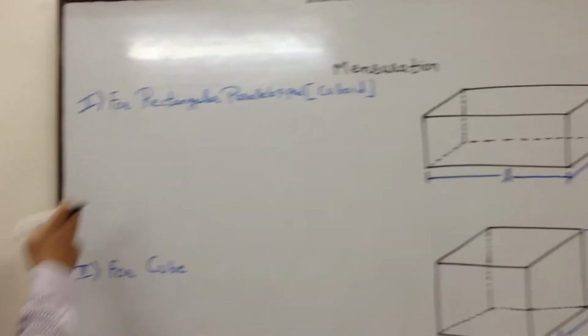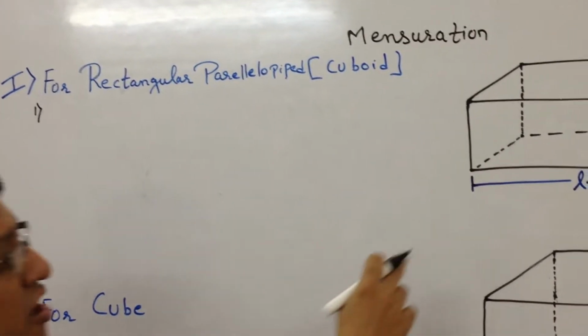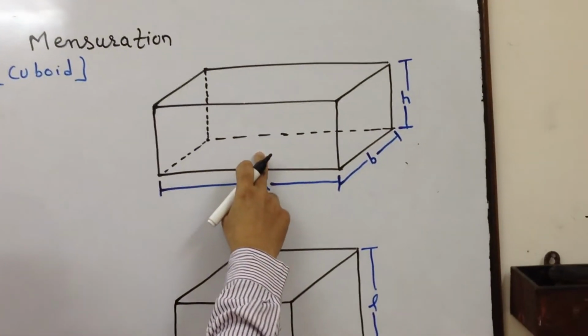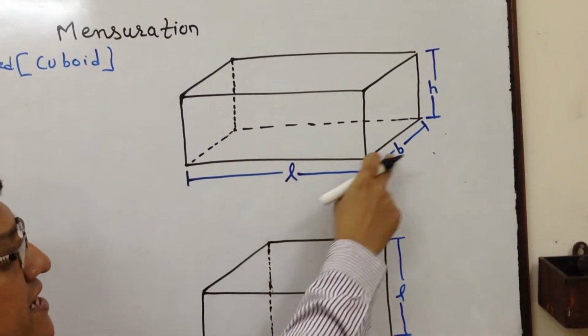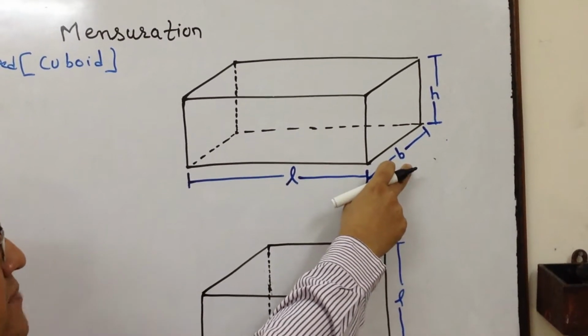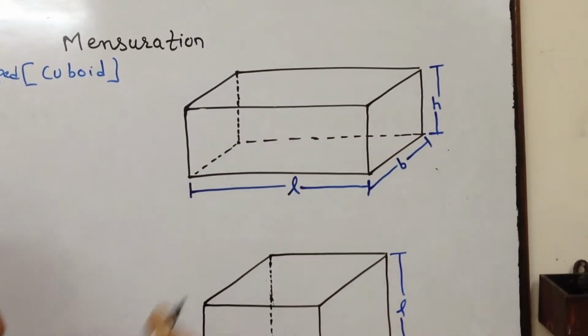Now we start off with the formulas. The very first one is the area of base. If you look at the base portion, it happens to be a rectangle, length into breadth. At the same time, the top is also length into breadth.